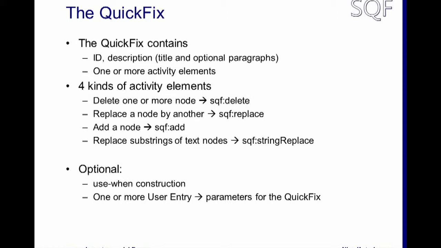And then you define a user entry with the title content, and if the user fixes with this quick fix, then the GUI should pop up an interface, and the user can enter the title content. Yeah, so the user will set the value of the parameter at the moment when he chooses the quick fix.